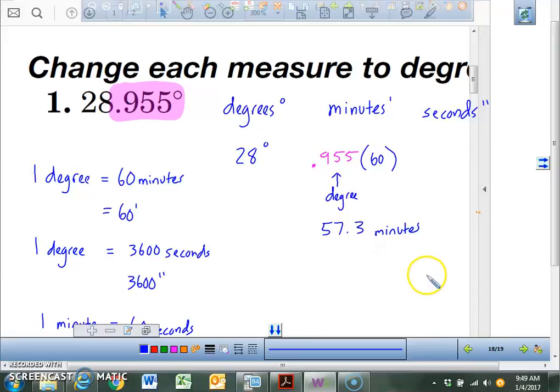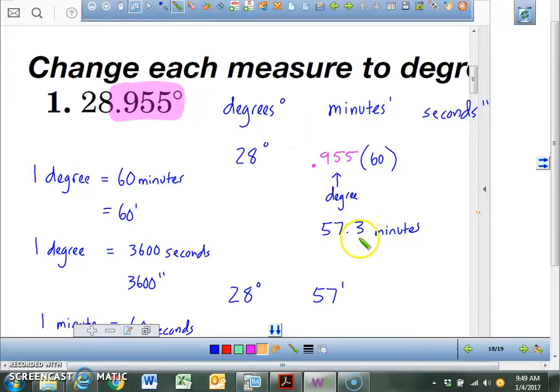You have 57.3 minutes. So here's our answer so far. We have 28 total degrees. We have 57 minutes, and we have slightly more than it, don't we? We have an additional 0.3 minutes.